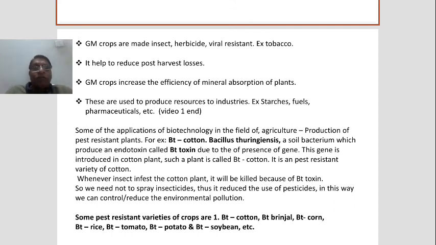Tobacco mosaic virus is a common virus which attacks the tobacco plant. Now, through genetic engineering, we are able to produce a TMV resistant variety of tobacco, that is, a viral resistant variety of tobacco. Herbicide resistant variety. Herbicide means it's a chemical used to kill the weeds.